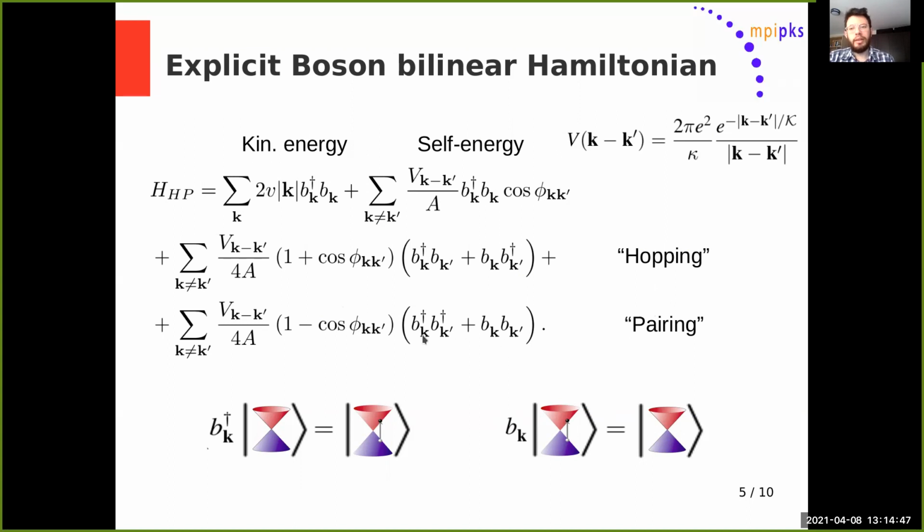So we can have bosons that are paired at momentum sites k and k prime, depending on the value of the angle that the two sides form with respect to the center of the column. And once again, this is the way in which the boson operators act on the ground state and on the first excited state at momentum k.